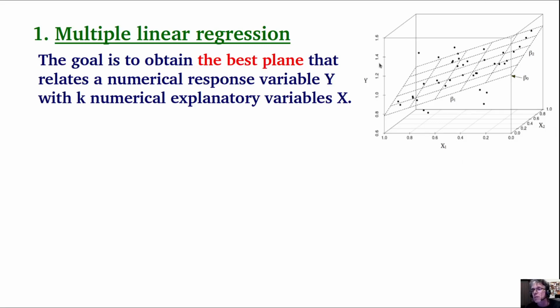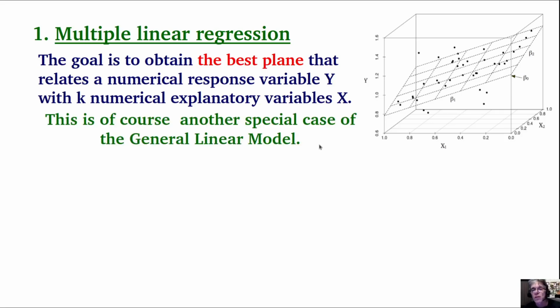So we have a three-dimensional space in which we have the base plane that fits this three-dimensional cloud of points. Here noting the intercept when both explanatory variables are equal to 0, the partial slope beta 1 for the explanatory variable x1, and the partial slope beta 2 for the explanatory variable x2.